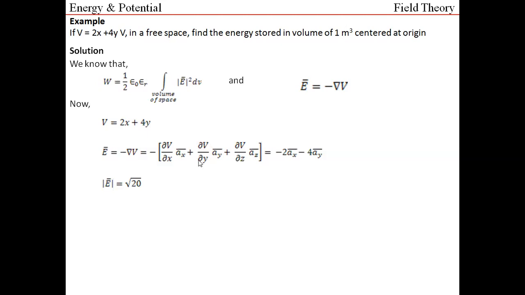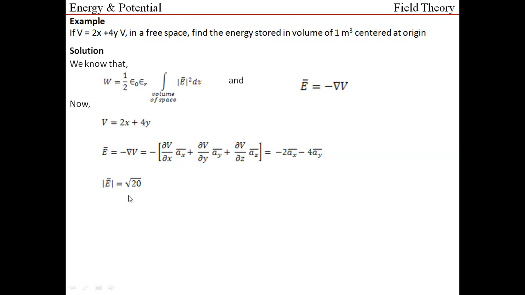If I differentiate the same expression with respect to Y, I would get 0 plus 4. And if I differentiate with Z, I would get 0. So continuing with this minus sign, I would get minus 2aX minus 4aY as a result of this computation. So this becomes the value of electric field intensity.